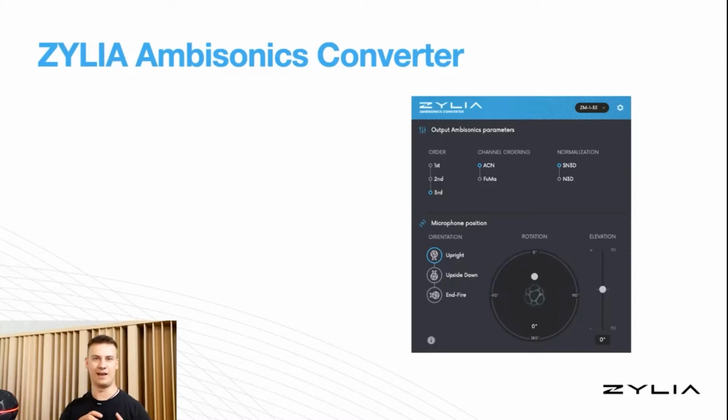We call it an A format recording, and it converts it to Ambisonics B format, which has 16 channels, each one corresponding to one Ambisonics channel. You can have this tool as a standalone application or in the form of a plugin called ZYLIA Ambisonics Converter Pro in your DAW. I'll be using the plugin version today.